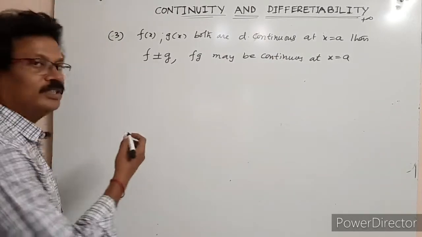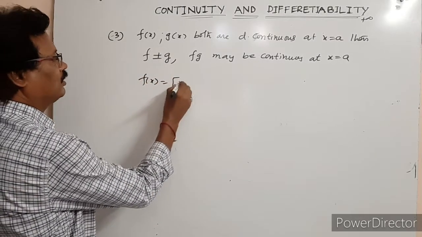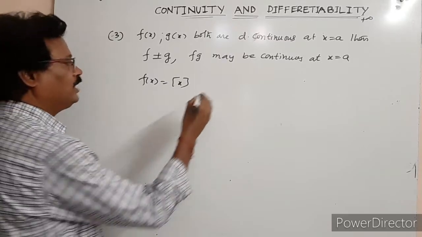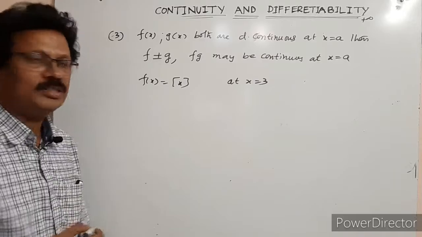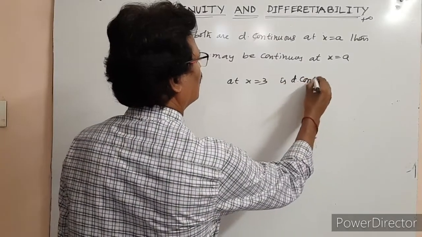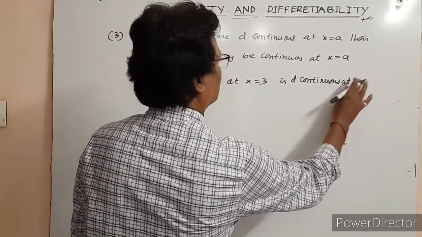For example, here f(x) I am taking as step x, the greatest integer function. f(x) equals step x is discontinuous at x equal to 3.